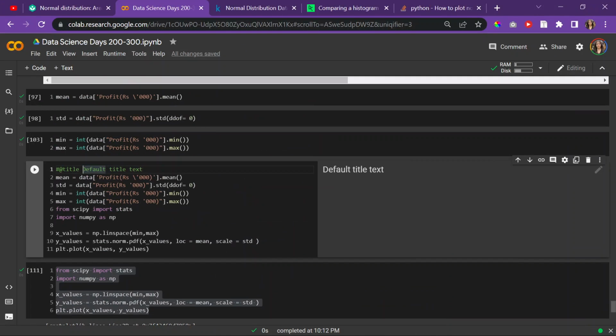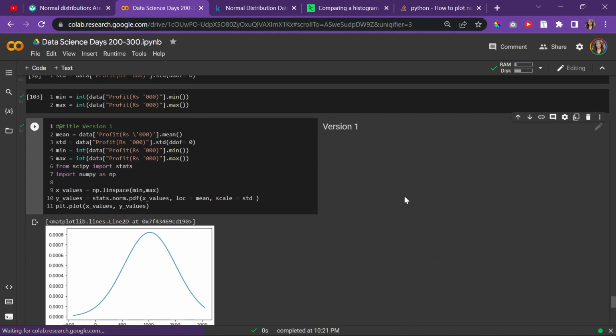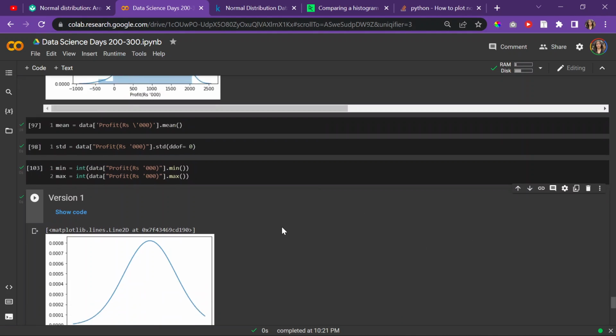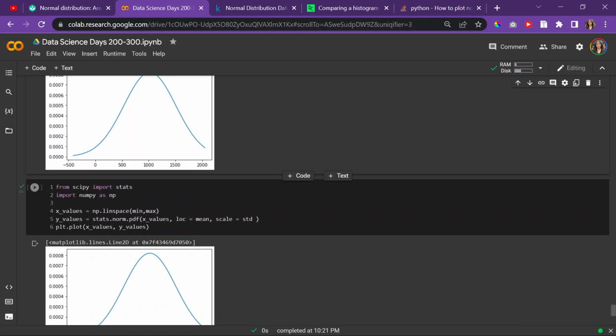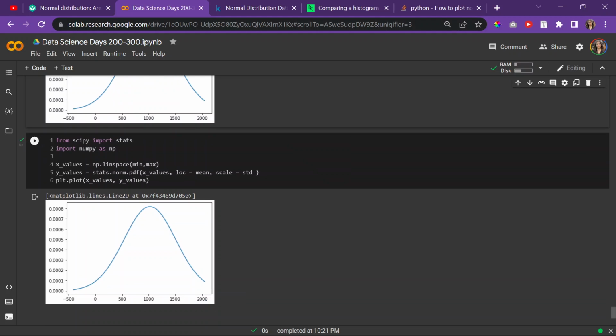Alright, so version 1, if I run it, should give me that graph there. But version 2, I think what I'm going to do instead is kind of what they did.